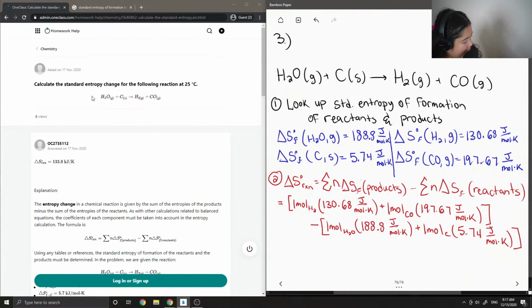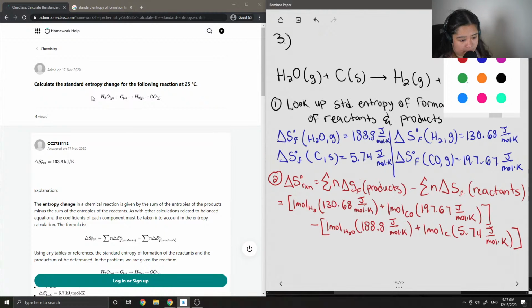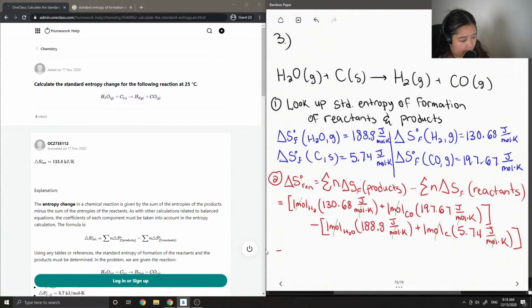Okay, so now that we have that all written down, you'll notice that the moles will cancel out. And then we're left with our standard entropy change, which is 133.86, and the units will just be joules over Kelvin.